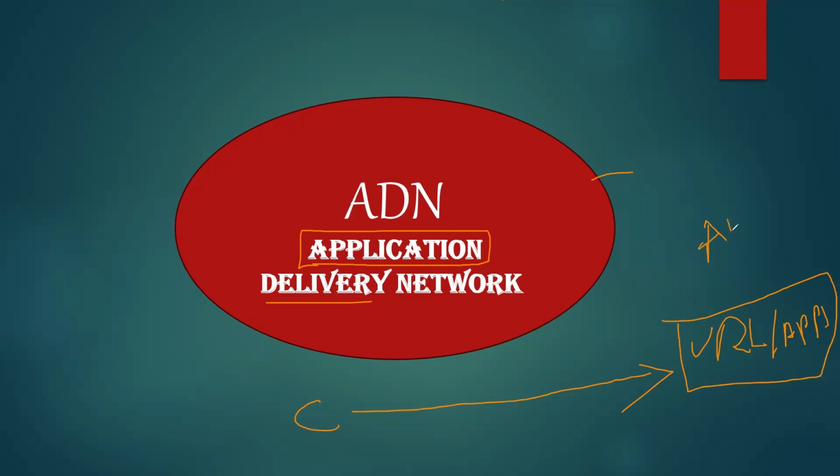So application delivery network is nothing but security, how we can optimize this application, how we can provide redundancy to that application, and how we can secure our application from external theft. All of that we can see under this ADN topic.